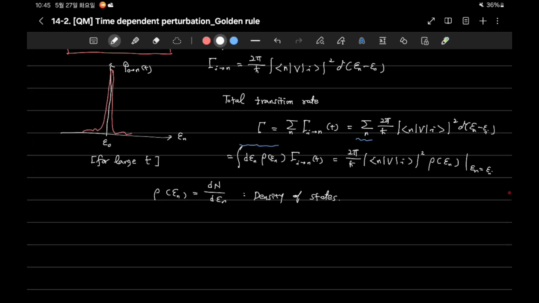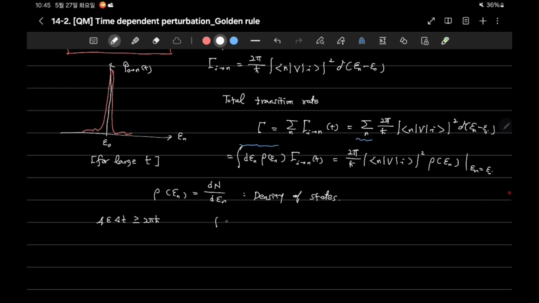And anyway, here the energy satisfies the uncertainty principle. From the uncertainty principle, the energy variation and the time variation should exceed 2 pi h bar.